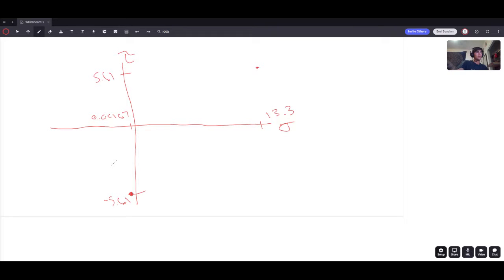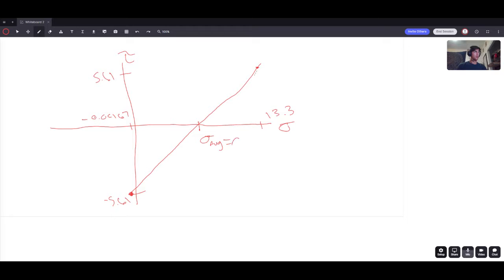Connecting these, this should be our sigma average, or just the midpoint equidistant between them, which we can find by adding negative 0.00167 and 13.3 and dividing by 2.